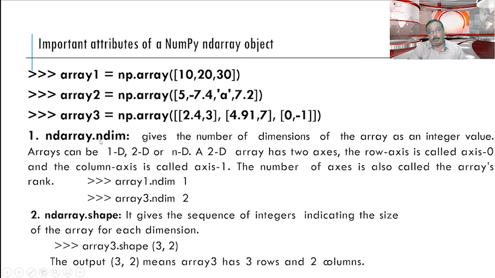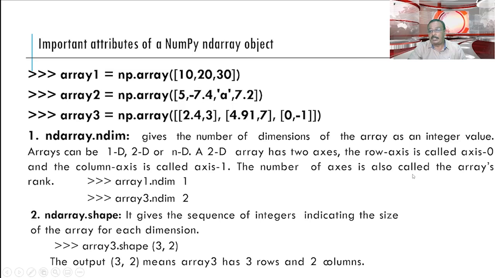So first attribute is ndim. ndarray.ndim will give you the dimensionality of that particular ndarray, which gives the number of dimensions of an array as an integer value. Array can be one-dimensional, two-dimensional, or n-dimensional, and so on. Array has two axes. Row axis is called axis 0, and the column axis is called axis 1.